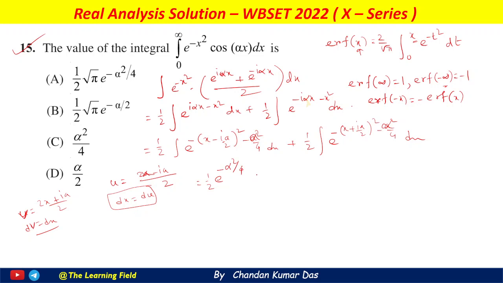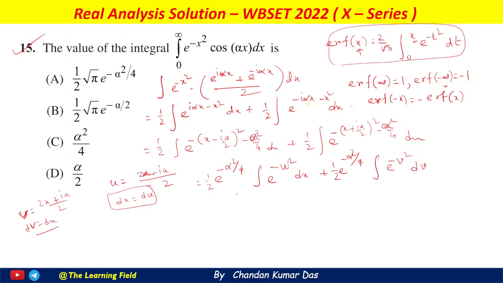Since these terms are constant, we can write exponential minus alpha square by 4 outside the integration, times integration of exponential minus u square du, plus 1 by 2 exponential minus alpha square by 4 integration of exponential minus v square dv.